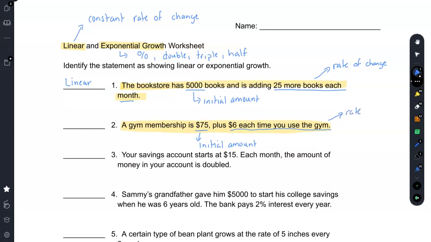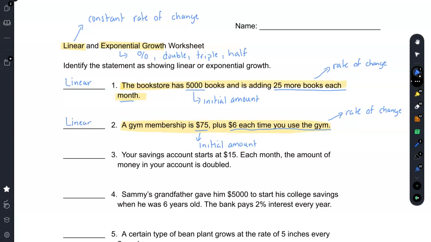This is my rate of change. And once again, this one's going to be constant. If it's the first time I use the gym, they charge me $6. If it's the 100th time I use the gym, they charge me $6. So $6 each time I use the gym, and that $6 is never changing with the amount of times I visit the gym. So once again, this is linear.